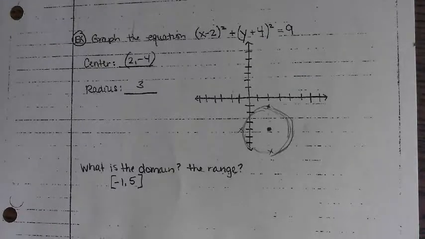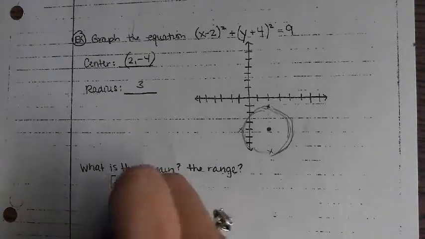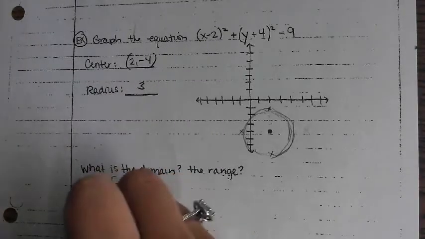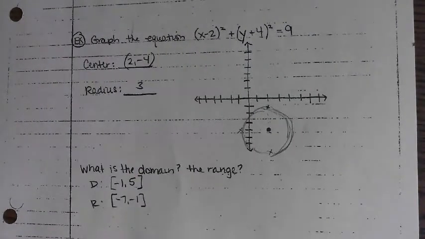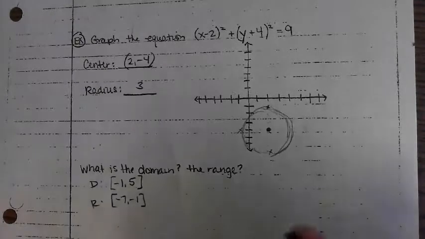And the range, Olivia. Negative what? Negative 7 to negative 1. Good. Domain, range. All good.